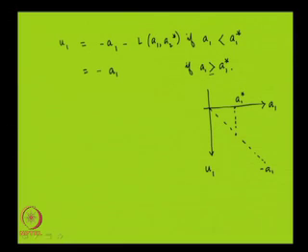Now, if A1 is greater than A1 star, then we are talking about this portion. The payoff function is given by minus A1. In that case, what is the best action for player 1?